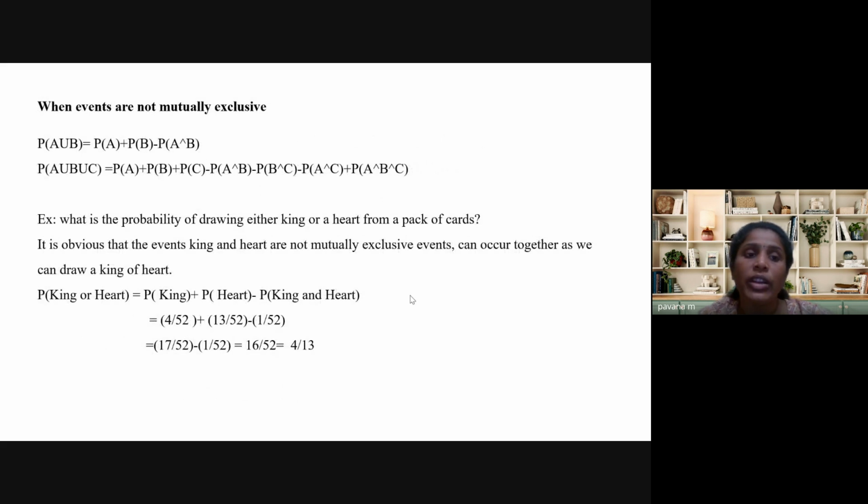When events are not mutually exclusive, and you still want to apply the addition theorem, then what is the formula?